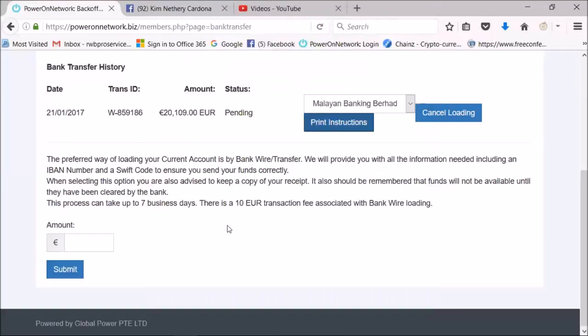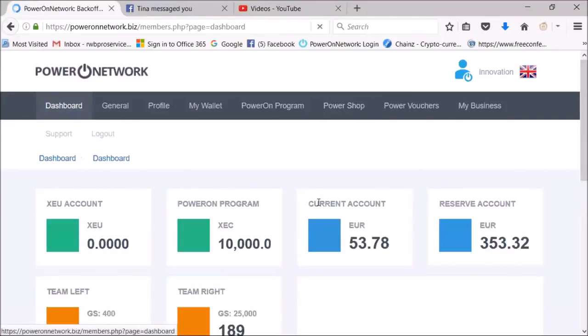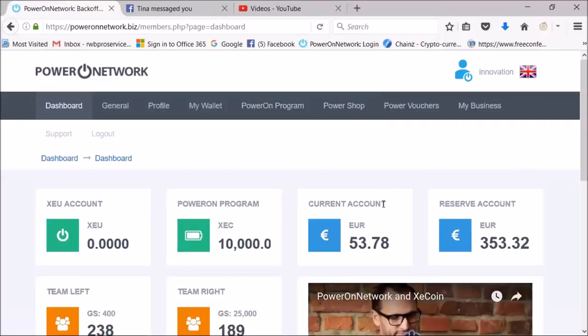Process may take up to 7 days. A lot of times it's really quick, depending on who you're going through. The wire will go through, and then you will come back to your dashboard and check it each day, and eventually those euros that you're wiring will get transferred over into your back office, and of course they're going to come in as euros because that's what we're dealing with.